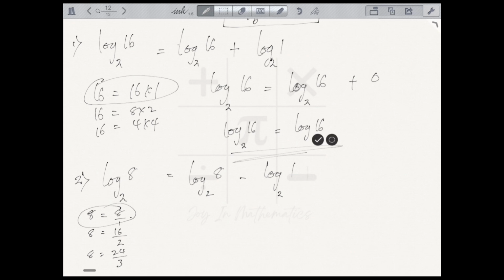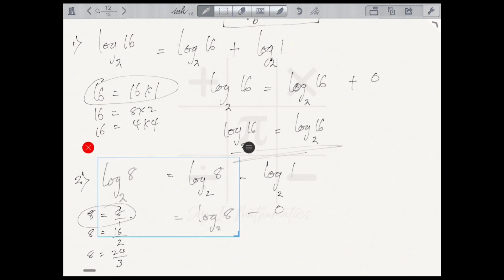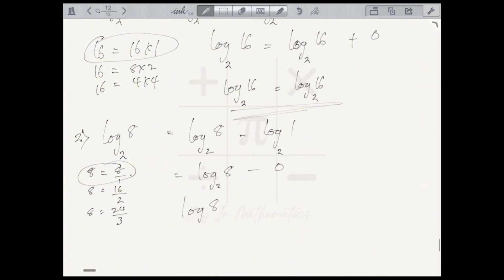Now log of 1 irrespective of the base is 0, so this will give us log 8 to base 2 minus 0, and at the end we'll see that these two correlate to each other, and then we arrive at log 8 to base 2 is equal to log 8 to base 2.